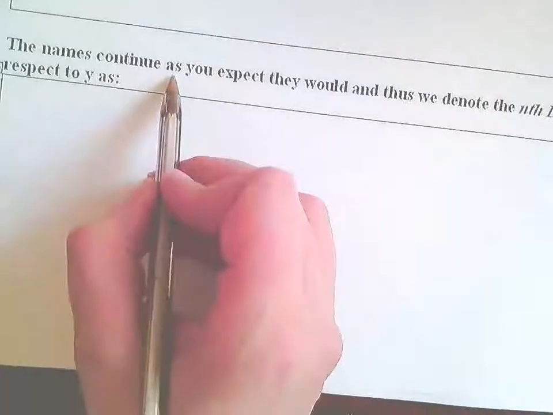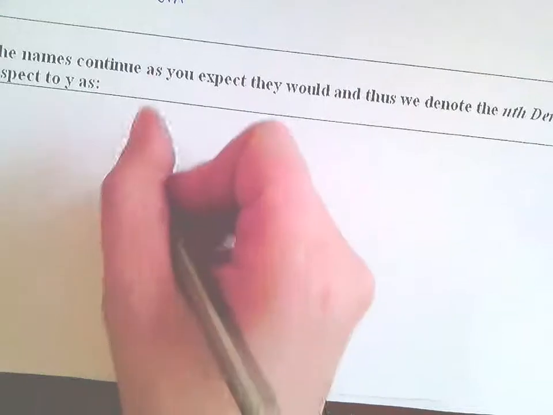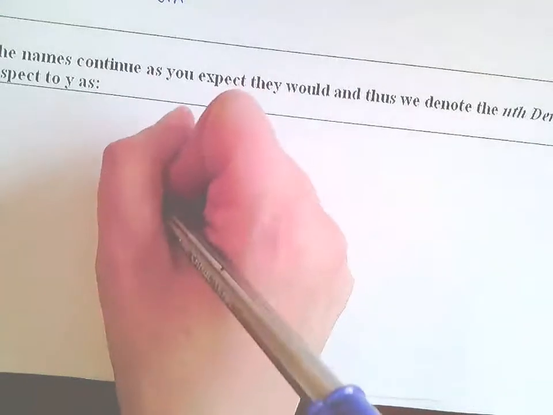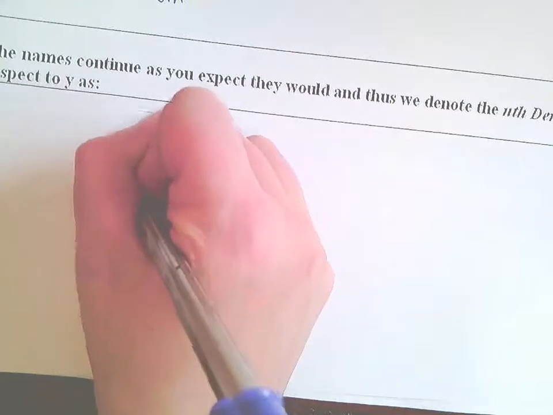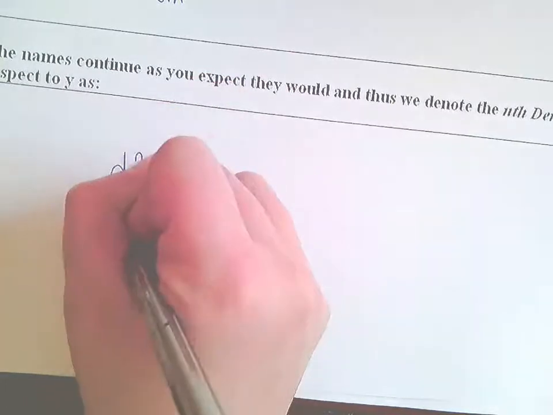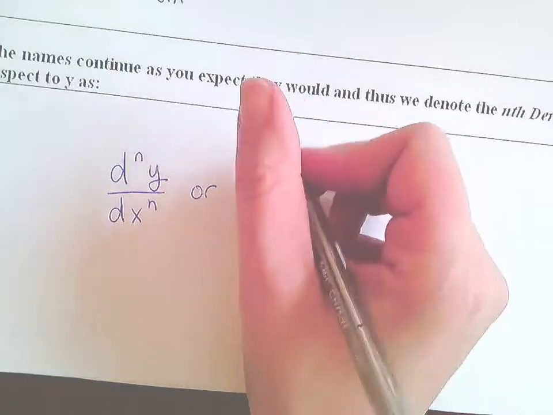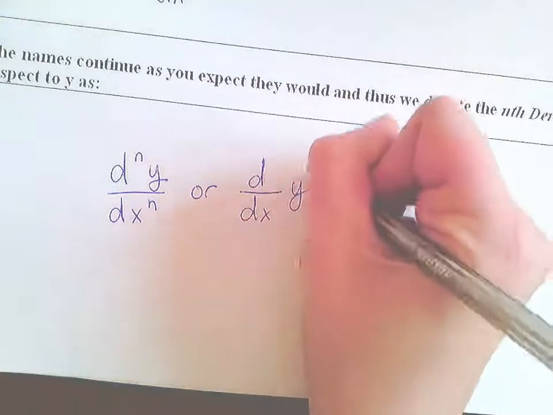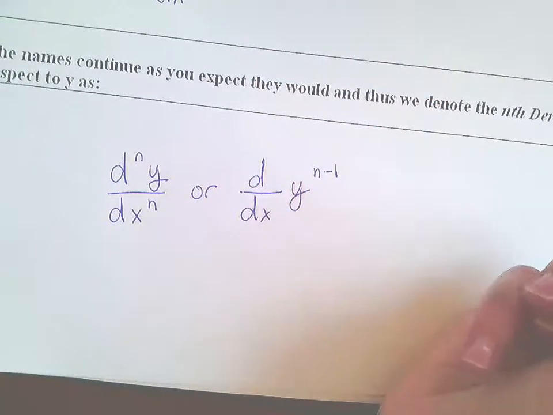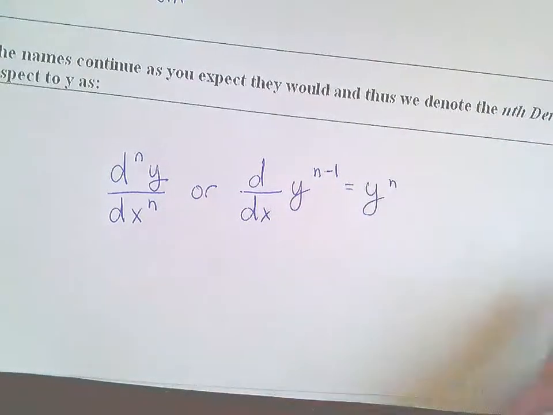The names continue as you expect they would, and thus we denote the nth derivative, okay, in one of two ways: d to the n y over dx to the n, or d dx of y to the n minus 1, which is equal to y to the n.